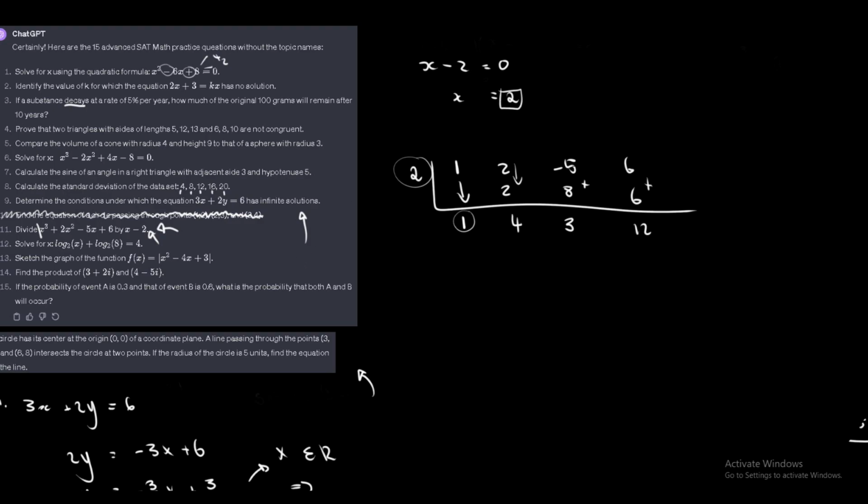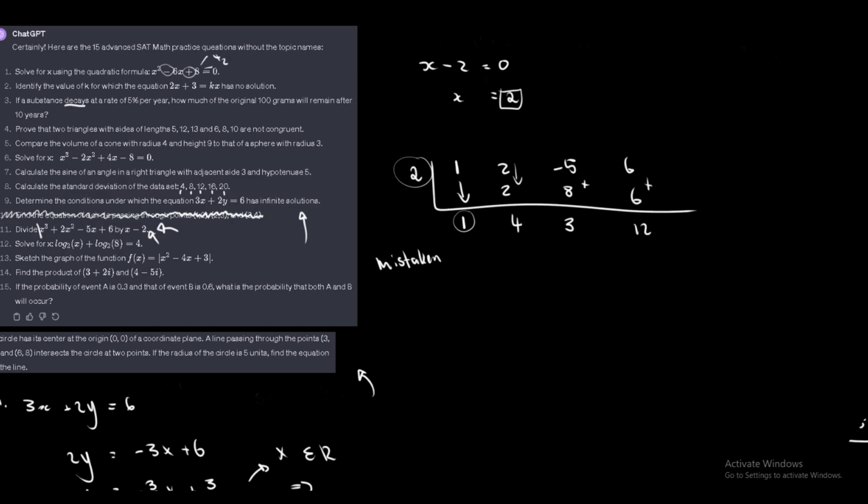Negative 5, 2 times 2 is 4. Minus 5 plus 8 gives me 3. So I find the remainder of 6. I could be mistaken, because I'm assuming there won't be any remainder.